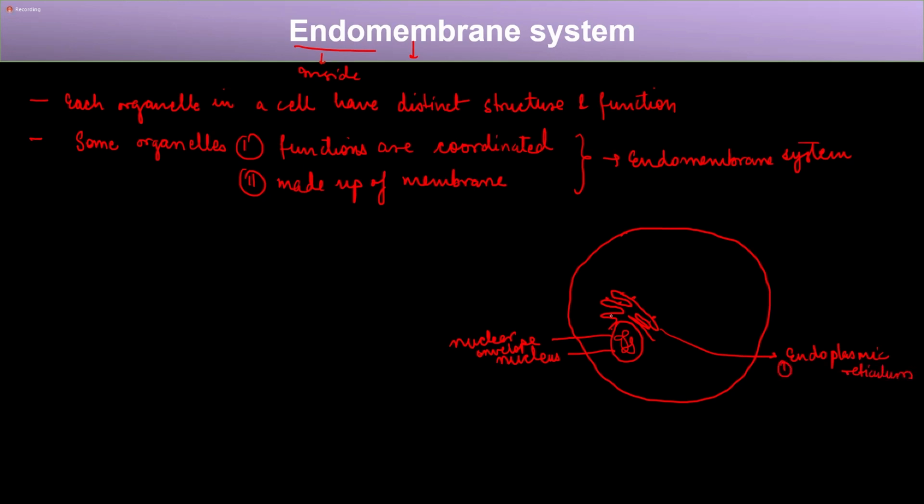Now, the endoplasmic reticulum has different functions, and one of the major functions is protein synthesis. So the endoplasmic reticulum will synthesize protein, and this protein will be released from it in the form of vesicles.